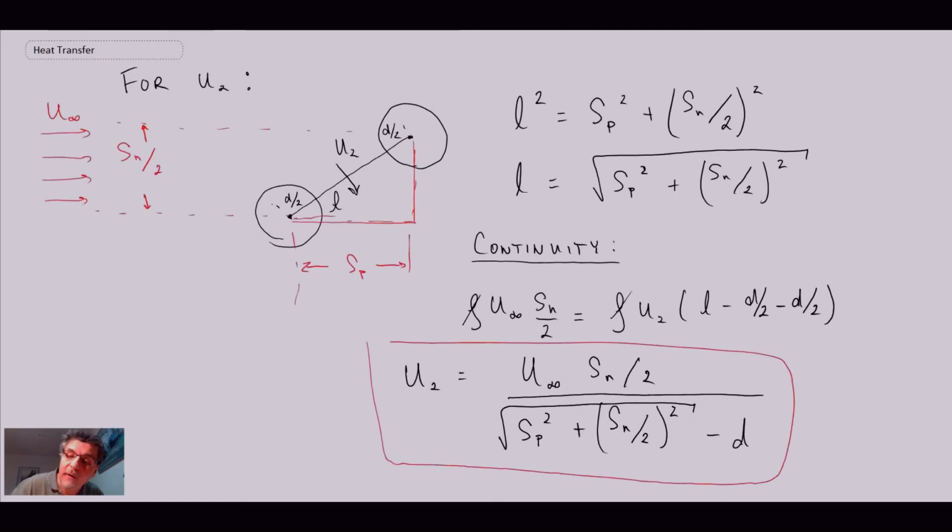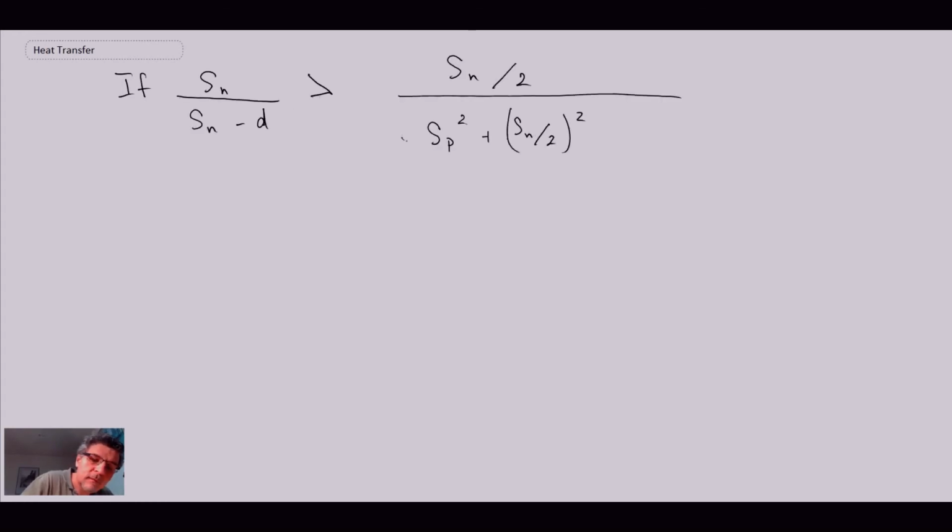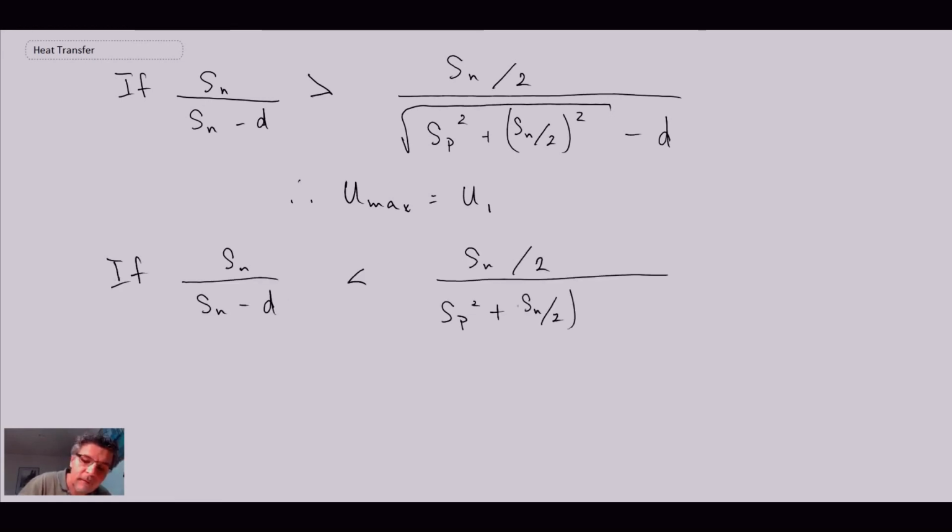But what we can do is come up with a method, and essentially what we can say is the following. If this condition is met, then Umax equals U1, and if that condition is met, therefore Umax is equal to U2.